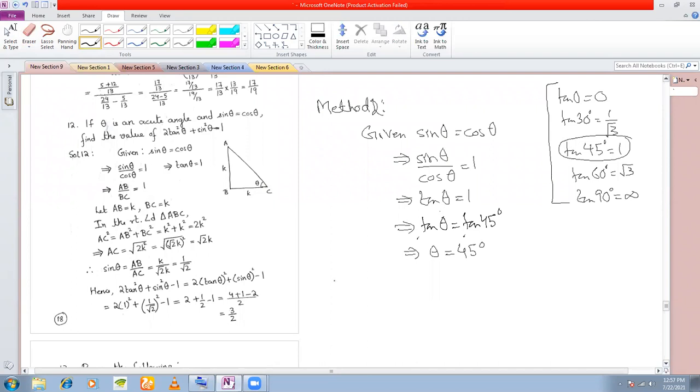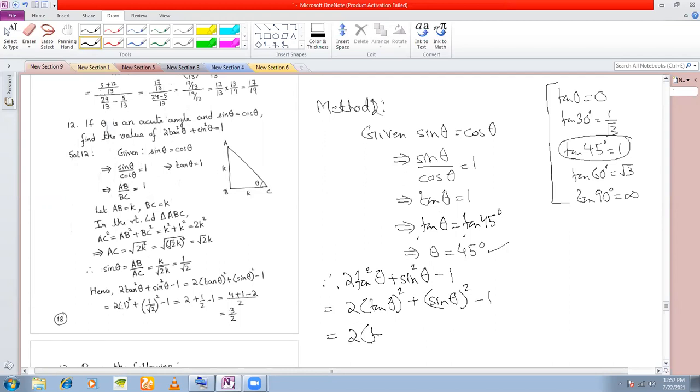So what do we have to find out? We have to find out the value of 2 tan square theta plus sine square theta minus 1. Which is 2 tan theta square plus sine theta square minus 1. What is the value of theta we have got here? 45 degree.